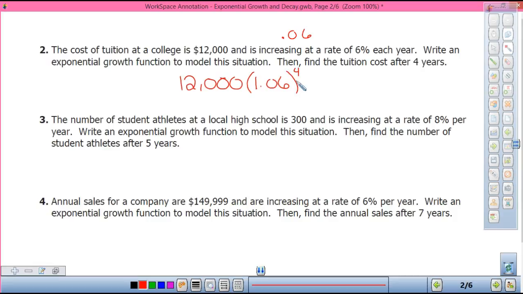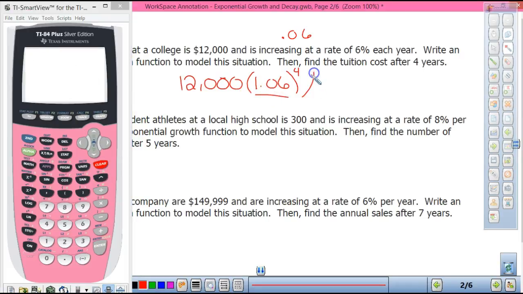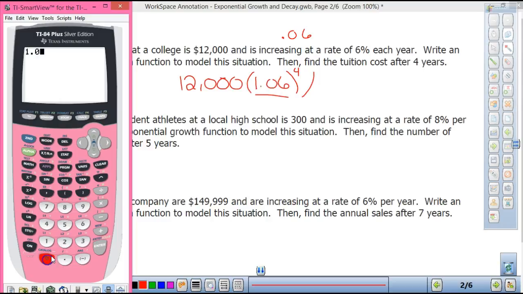Okay? So now, remember you're doing this part first. So 1.06 to the 4th power. Don't forget to hit enter. Then times 12,000.